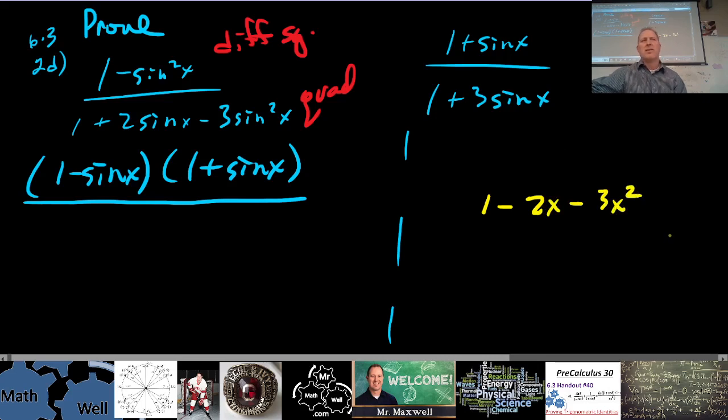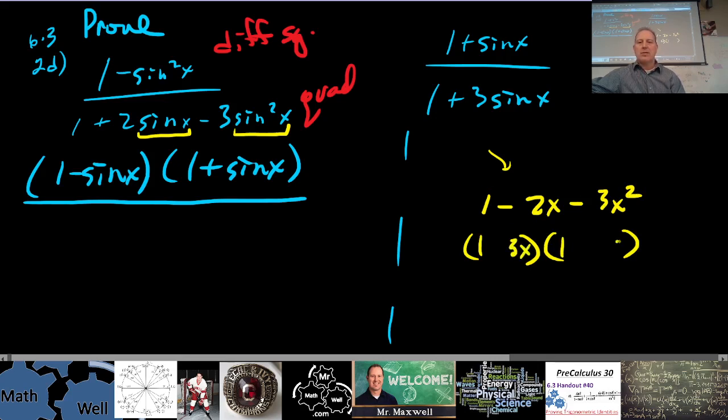You see? So here's your variable, and here's your variable squared, see? That's why it's quadratic. So it's the same form as this one. So how would we factor this one? By sight? It's going to be a little tough, right? 1, 1. It's going to multiply to 1. And we need 3x squared. So we're going to do 3x and x. And then we got to figure out our signs.